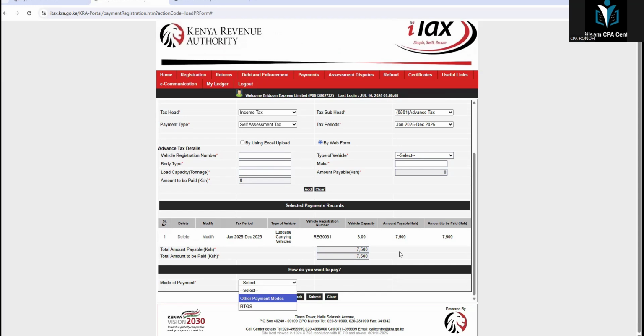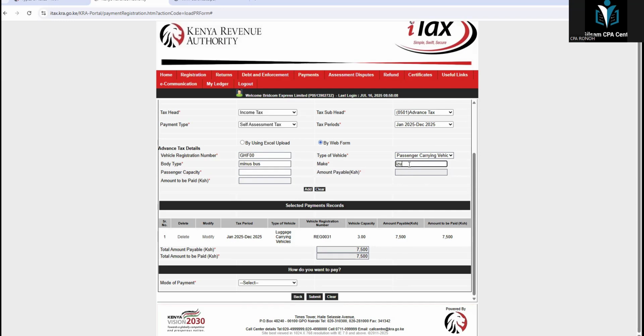But now for individuals, what is it charging per passenger? So let's say we have this one as another one. We are saying passenger carrying, the body is a minibus, and then Isuzu.